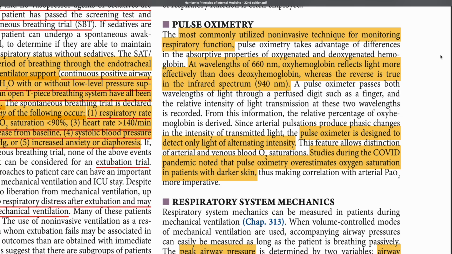So basically, the pulse oximeter passes both wavelengths of light through the perfused digit, such as a finger, and the relative intensity of the light transmission at the two wavelengths is recorded. So the pulse oximeter is designed to detect only the light of alternating intensity.